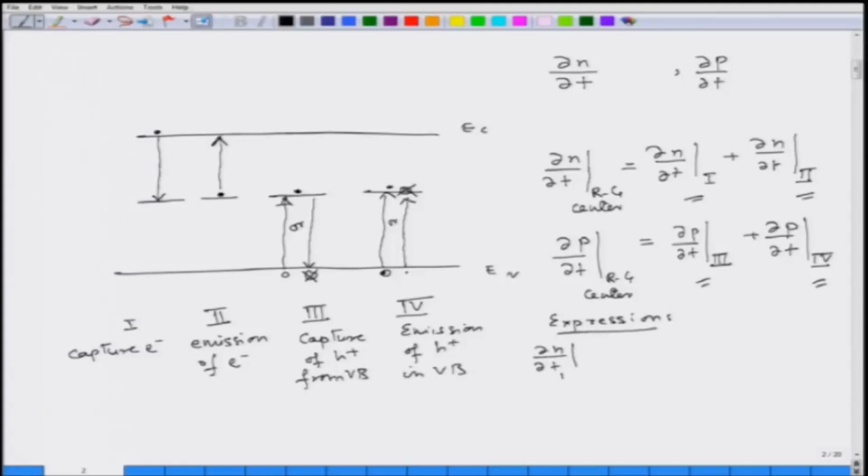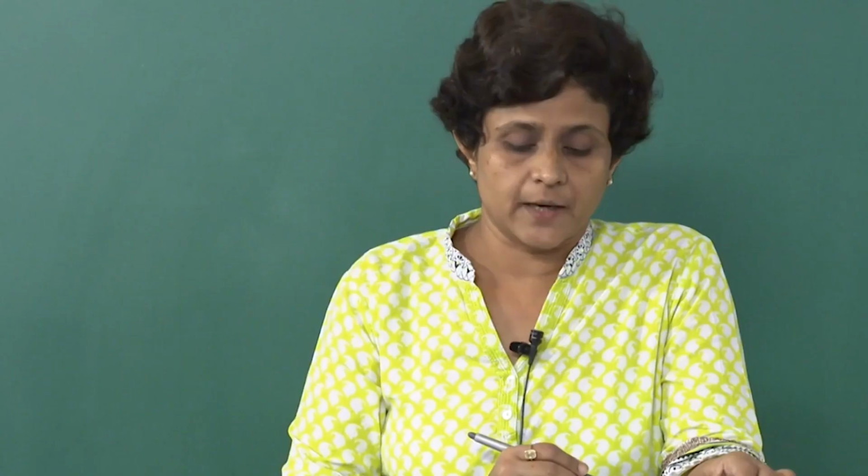By capturing, it is decreasing the concentration of electrons in the conduction band, and how it will be decreasing that depends on how many electrons I have in the conduction band.